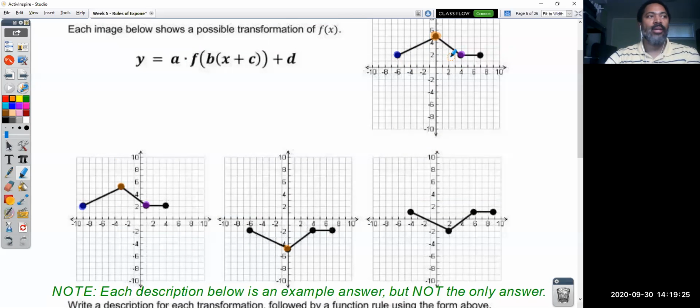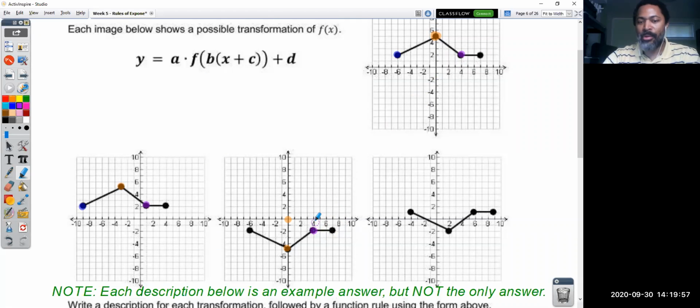So let's take a look at the distance from the pre-image to the image. And we know that the point of reflection is halfway between. So the distance from the pre-image to the image is 10, right? Because I'm going from 0, 5 to 0, negative 5. Half that distance is 5, so that would put me at 0, 0. That's the halfway point. If I look at the purple, I went from 4, 2 to 4, negative 2.